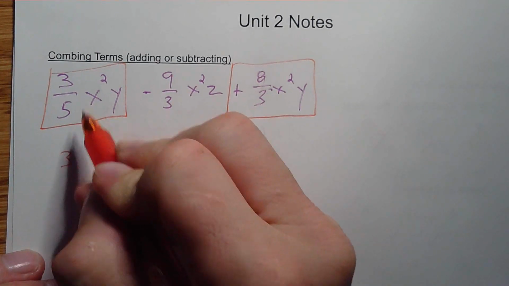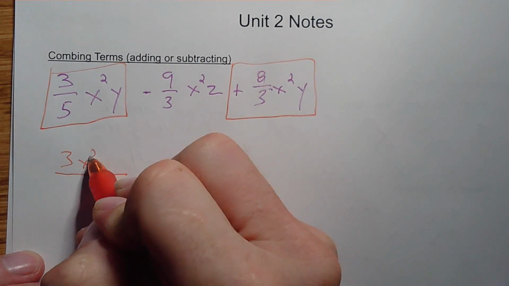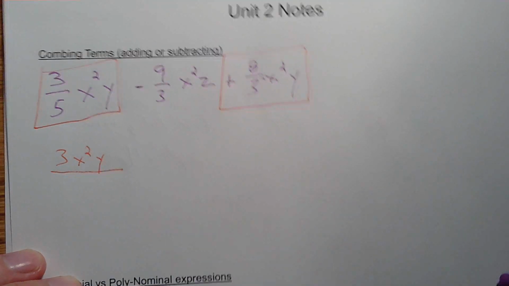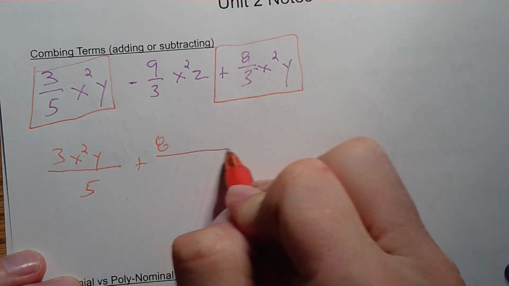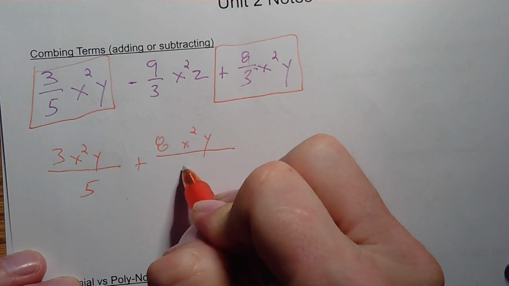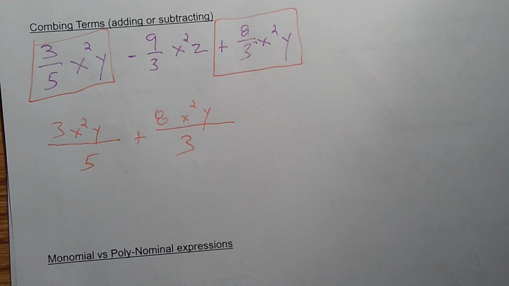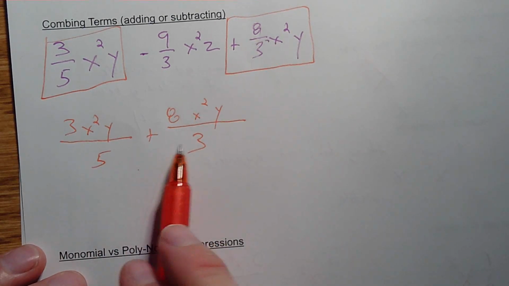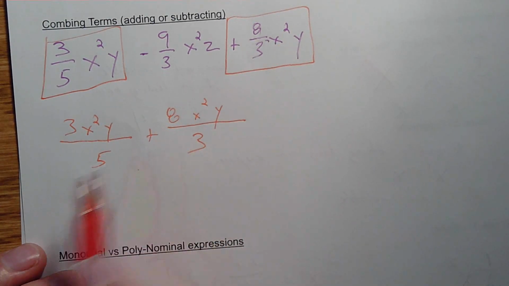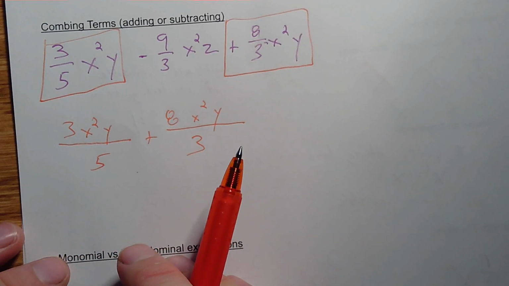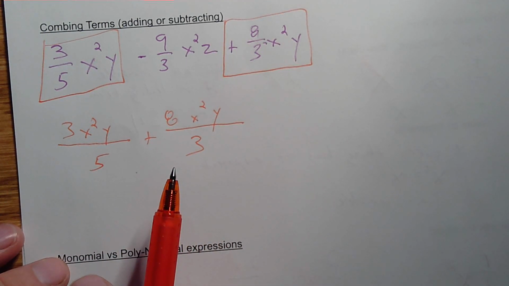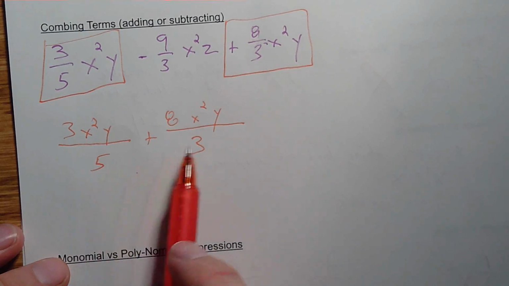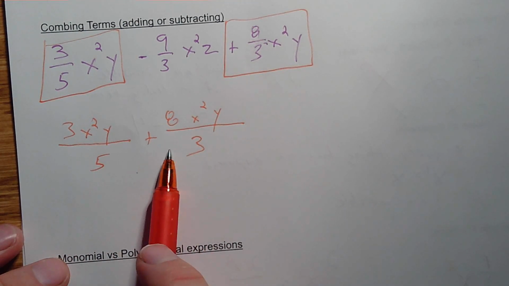I'm going to rewrite this: 3x squared y over 5 plus 8x squared y over 3. Now the problem is I can't combine these directly because they don't have a common denominator. In order to get them to have a common denominator, I need to multiply these so that they both have a common denominator. I just need to unsimplify, right?